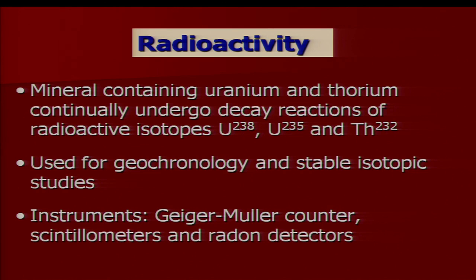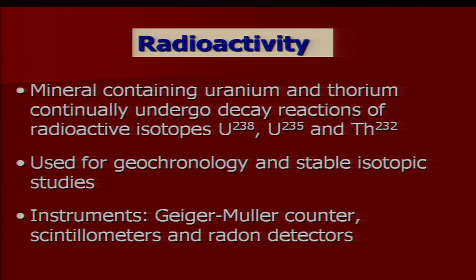So, by definition, minerals containing uranium and thorium continually undergo decay reactions. As a result, you get radioactive isotopes and emission of alpha, beta and gamma radiations. Such isotopes are useful in geochronology and stable isotopic studies in other branches of geology.